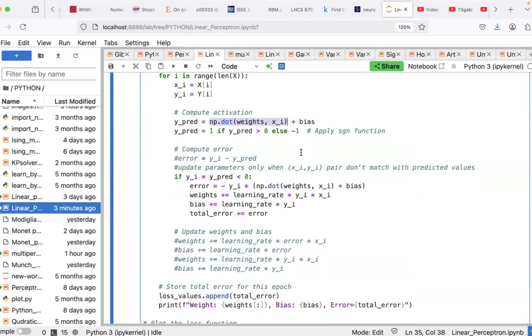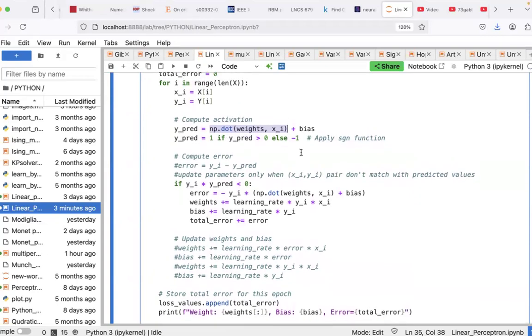Then that's where the computation of the updates of the weights happens. If the product between the predicted output and the target output from the data is negative, it means that we have a mismatch, so a misclassification of the data with label i. And what is the error?